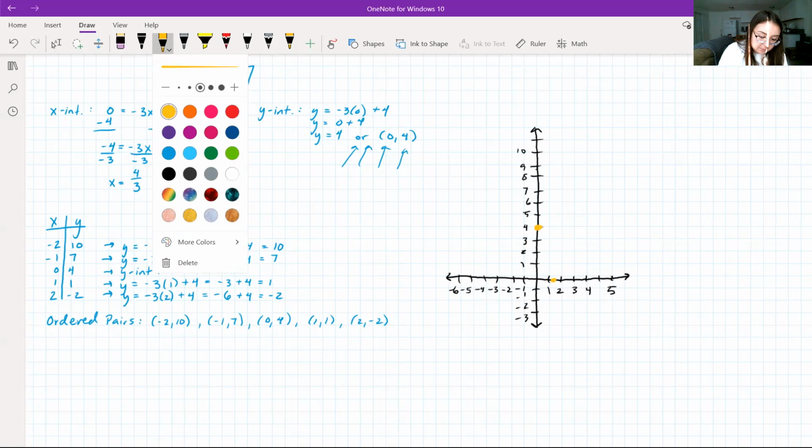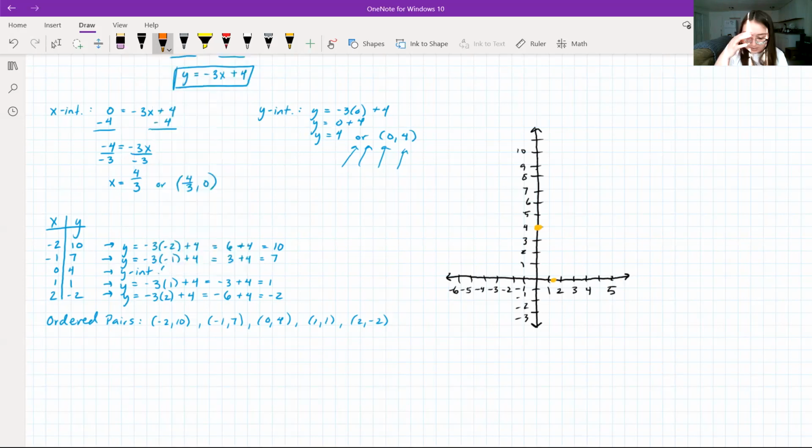Now, let's put in our ordered pairs. So our first ordered pair would be -2, 10. So we'll start at the origin. We'll go 2 to the left, -2, and then we're going to go up to 10, and we'll make a point. And that will be -2, 10.